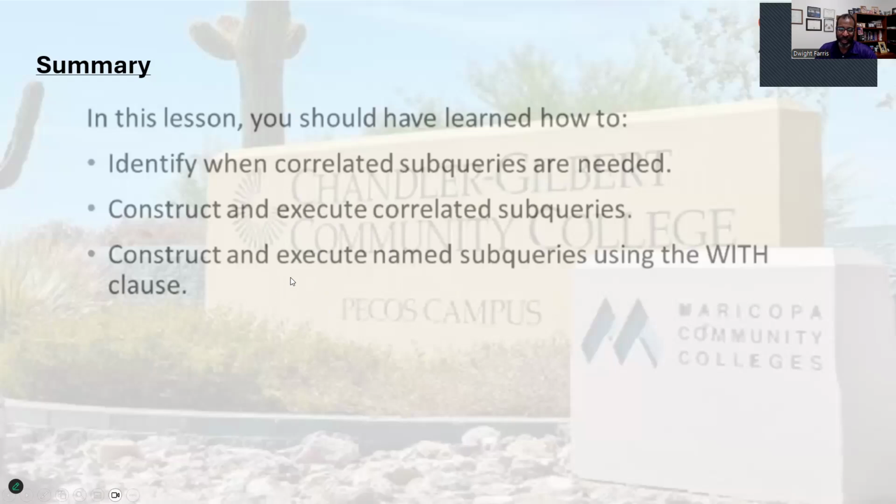And we executed a named subquery using the WITH clause. Remember, you can use several named subqueries within your evaluation or executed environment. All right, that's enough to confuse you, right?